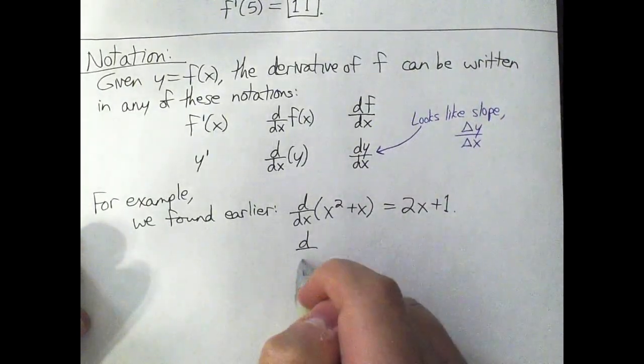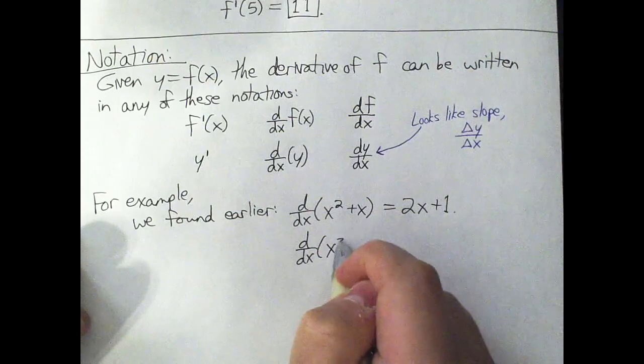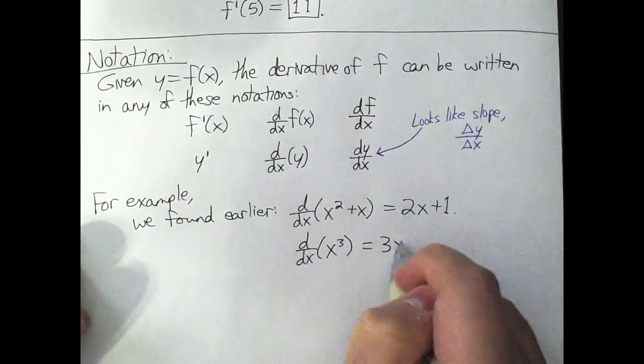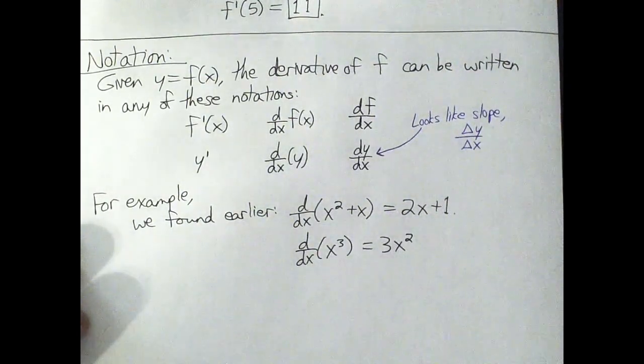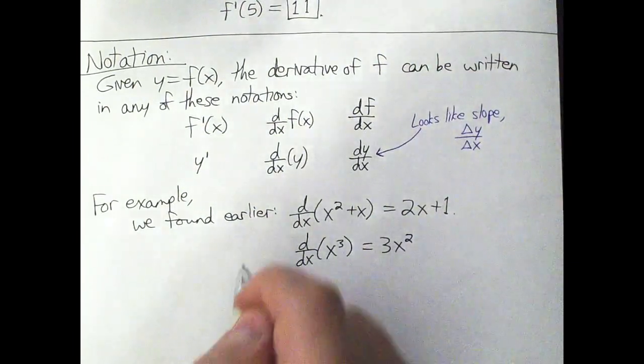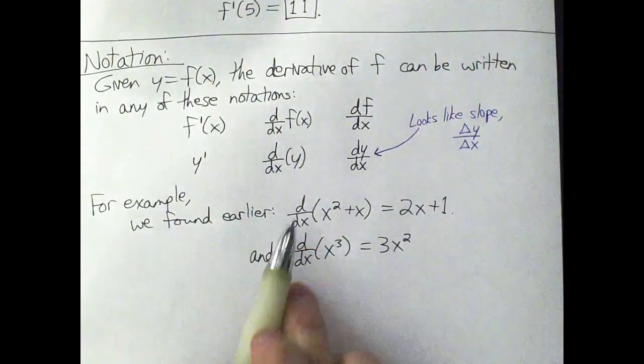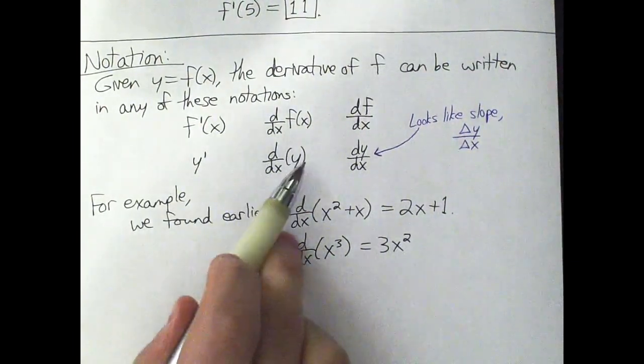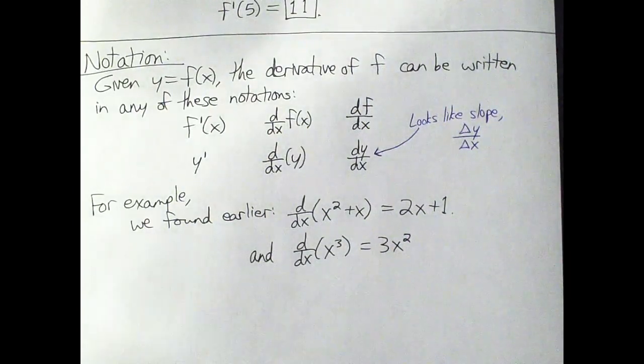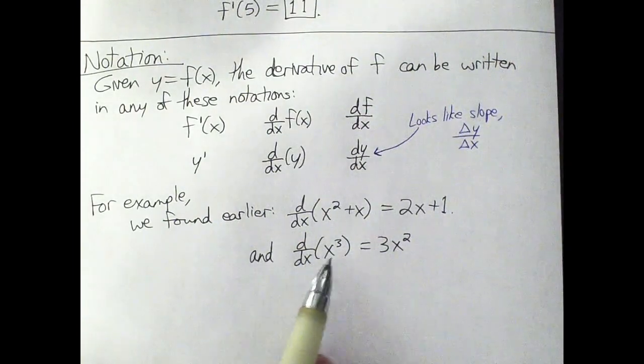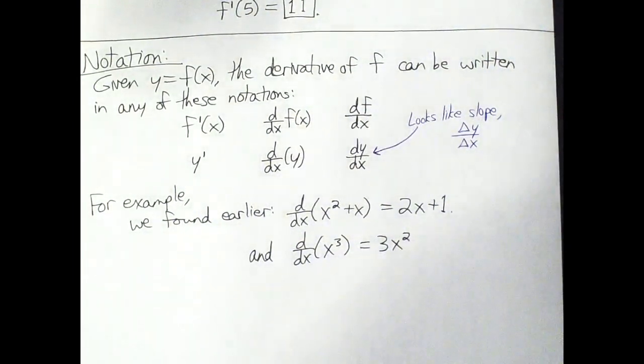We also found that d dx of x cubed was 3x squared. Okay, so that's d dx of something equals something. So it's like the derivative of this equals this.